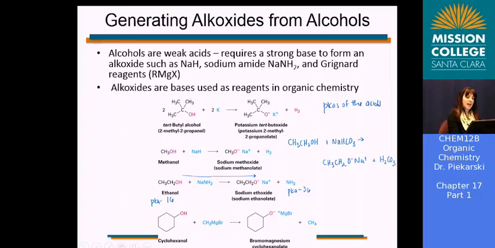The pKa of ethanol is 16. The pKa of carbonic acid is around 6. Which one's the stronger acid? Definitely carbonic acid, and it's going to push the equilibrium back towards the reactants. So if you try to react ethanol with sodium bicarbonate, will it proceed forward? No. Sodium bicarbonate is not a strong enough base.